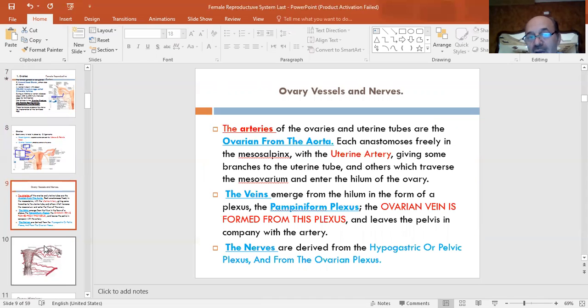And this anastomosis, of course, provides adequate blood supply to the ovary. The veins very much correspond to the arteries. They are from the pampiniform plexus, and these plexuses form the ovarian vein. And the nerves are from the hypogastric or pelvic plexus and from the ovarian plexus.